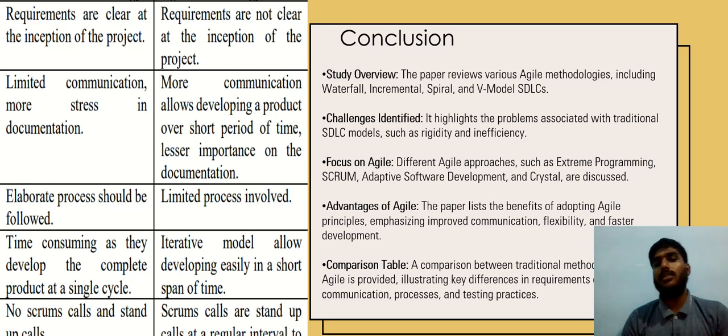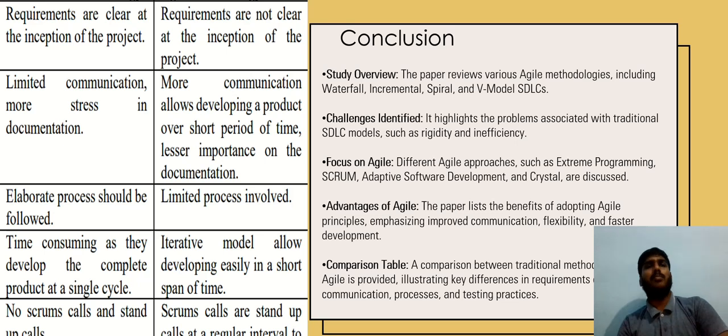Okay. Then what is the conclusion of this study overview? What I have studied from this research paper is that the paper researches various methodologies, including waterfall, incremental, spiral, and V model SDLCs, meaning software development life cycle, and challenges identified. What is the challenge identified?